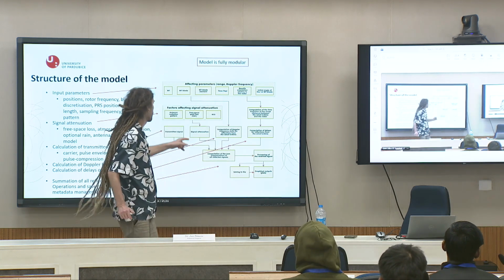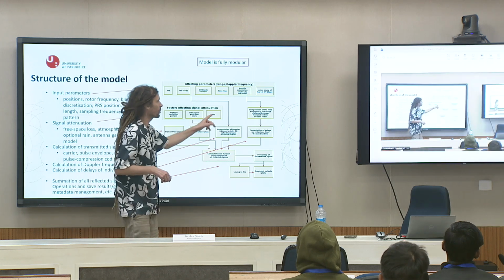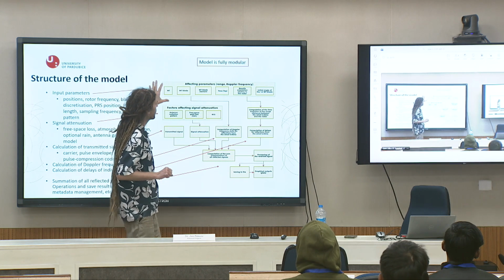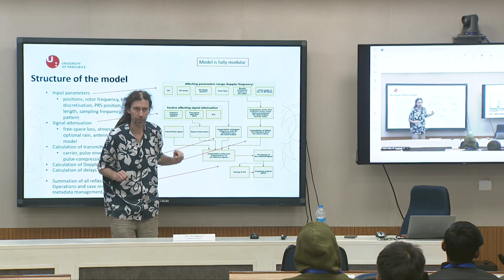Good. Free space path loss. It is like energy that is lost due to environment reflection. Good. RCS, radar cross section of the wind turbine. It depends of course on the wind turbine. So it is like the wind turbine and environment part.